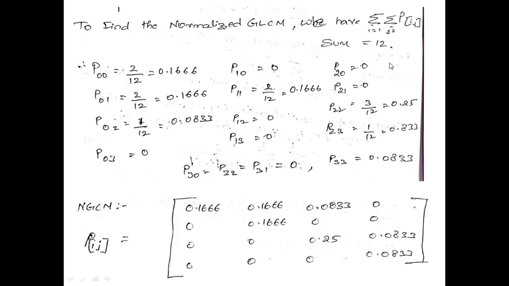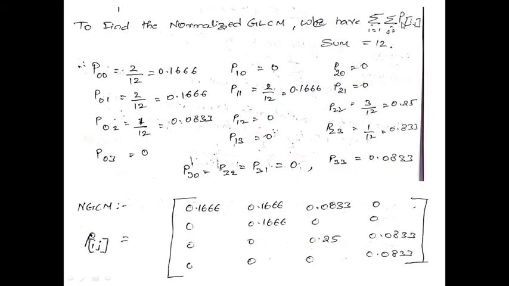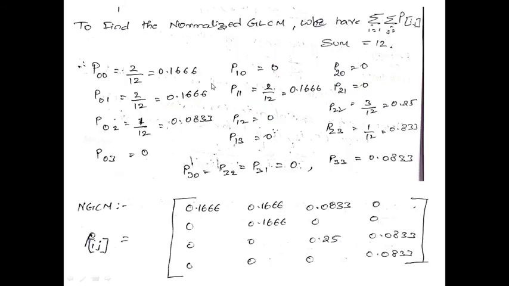The normalized GLCM is obtained by dividing each and every entry in the GLCM by the sum of all the elements, so 2 by 12, 2 by 12, 1 by 12, 0 by 12, 2 by 12, 0 by 12, 0 by 12. If I do the mathematics, I get the normalized GLCM in this manner.